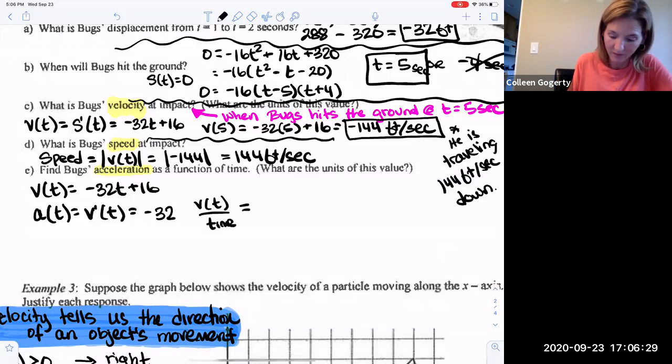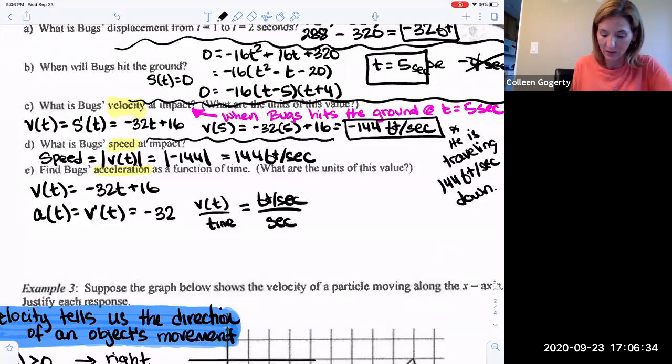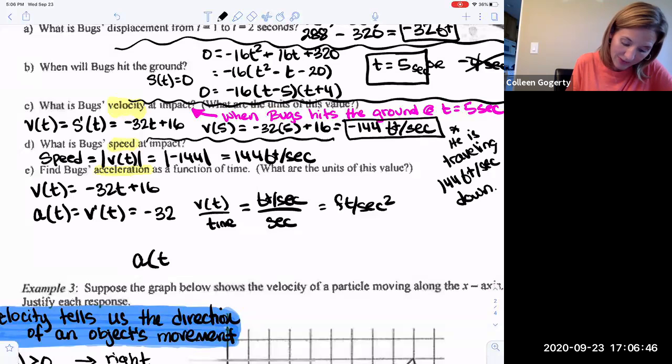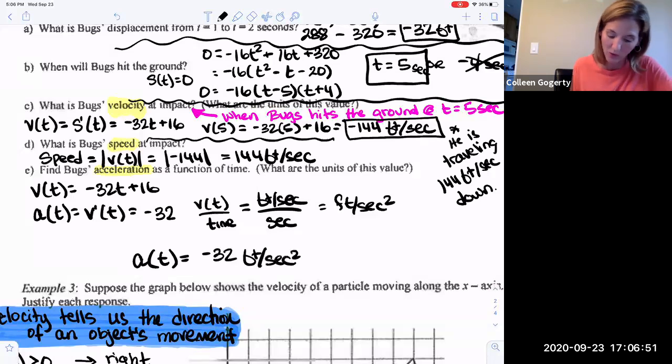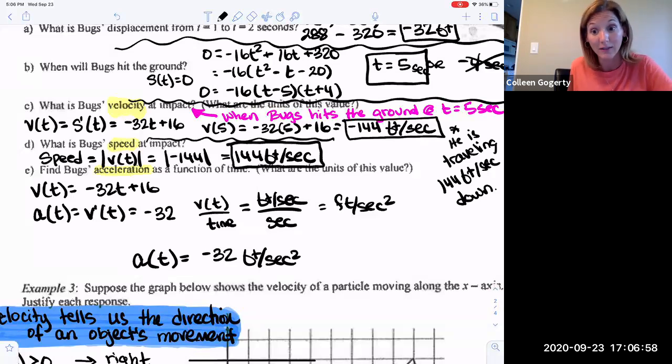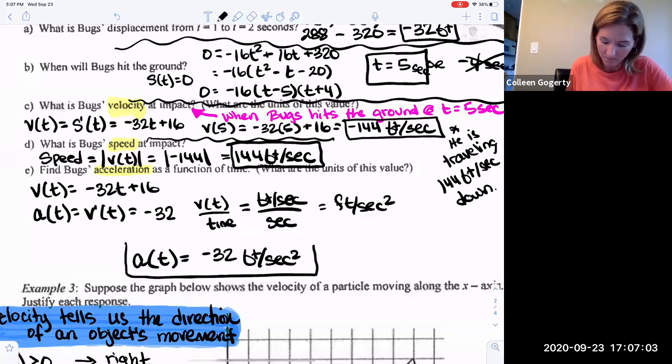Okay, so what is that? V of t was feet per second. So this comes out to giving us feet per second squared. And some of my physics people should be like, oh, wait a second. So acceleration is negative 32 feet per second squared. And I would bet that that means something to some of you when you talk about acceleration, okay? Gets into gravity. Yeah, there's all kinds of fun stuff that's going to come about.